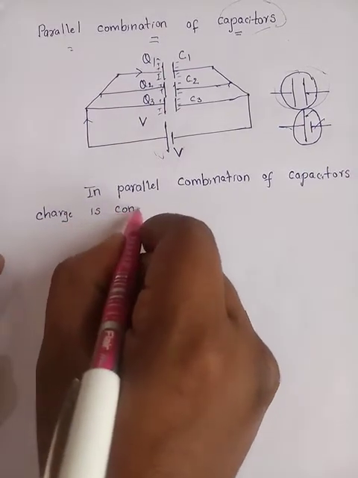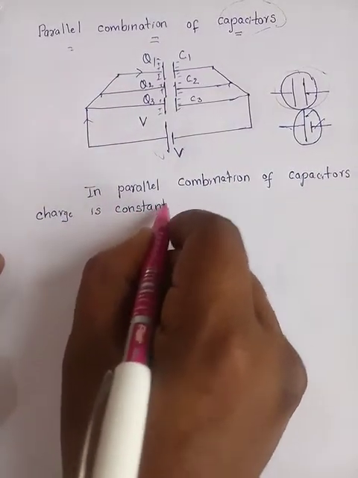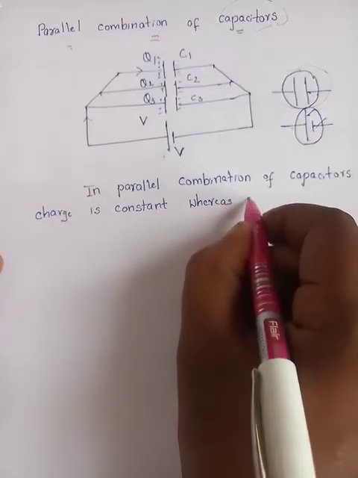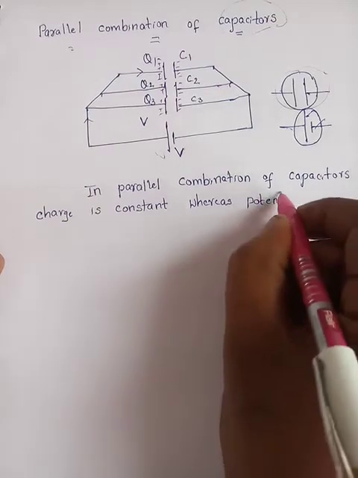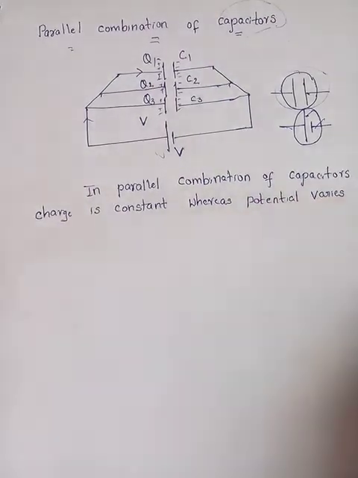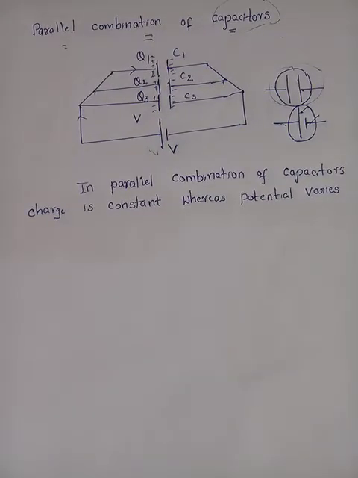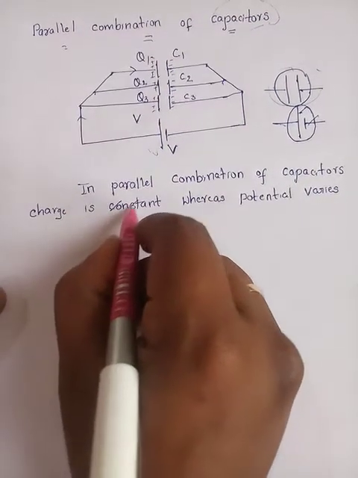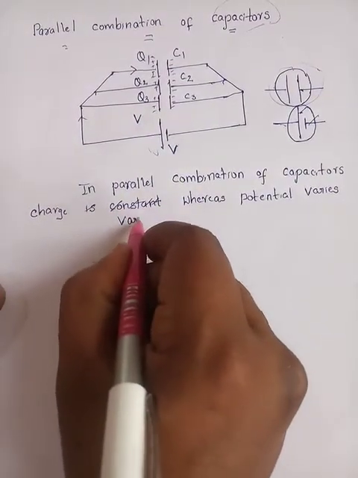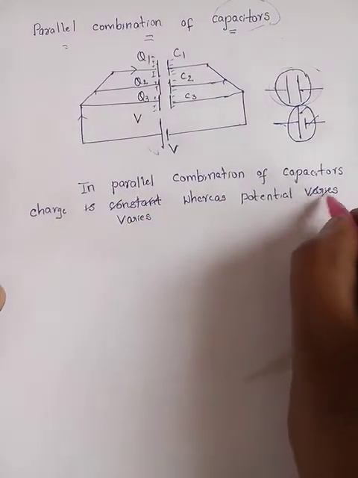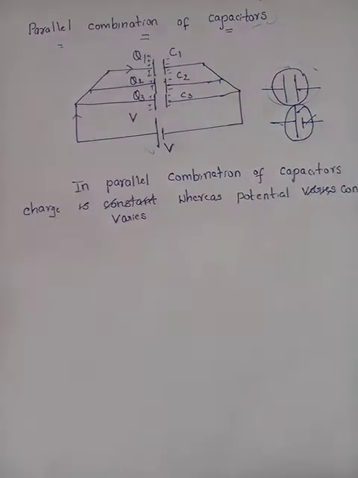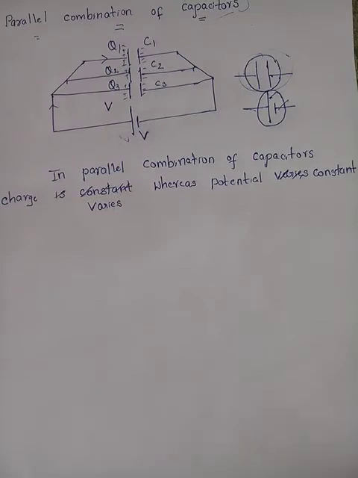Sorry, is that right? No. Charge varies, whereas potential is constant. Okay.